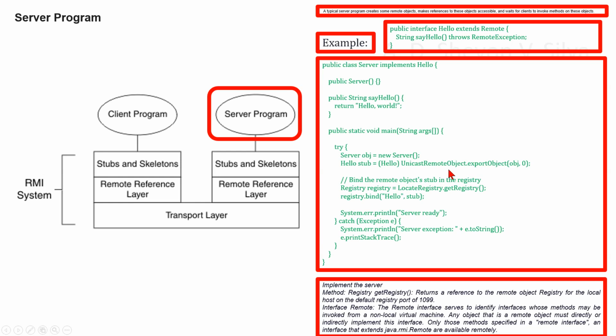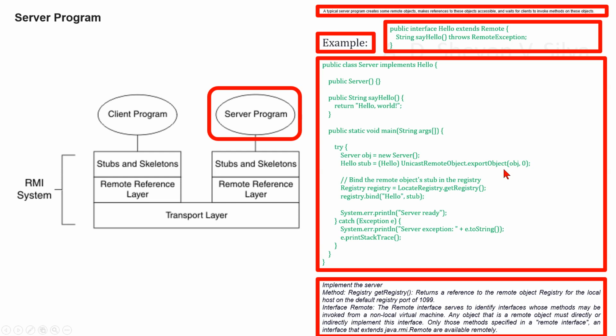This can be done as follows here. The static method UnicastRemoteObject.exportObject exports the supplied remote object to receive incoming remote method invocation on an anonymous TCP port and returns the stub for the remote object to pass to clients.